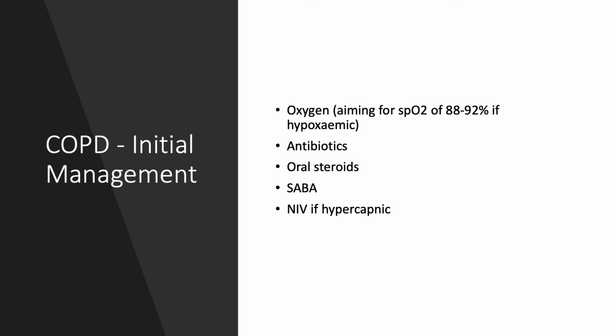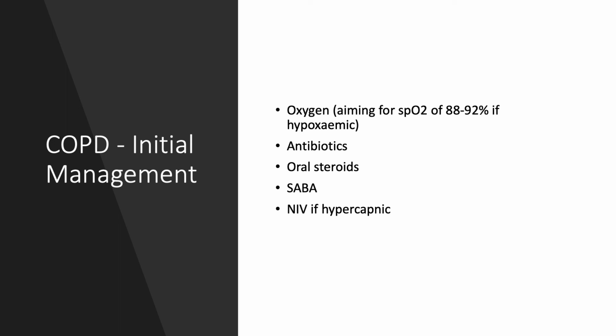when someone comes in with an exacerbation of their COPD, give them oxygen, usually aim for saturations of 88 to 92%. And it's important that you do consider if they are a CO2 retainer, just the amount and the level of oxygen you're giving them, but that you're not afraid to actually give them oxygen, because likely they will still need it.